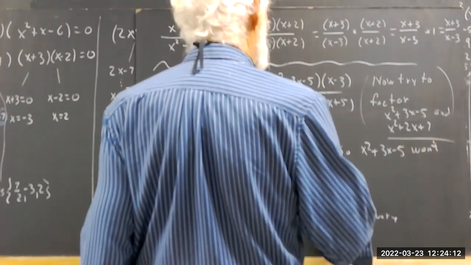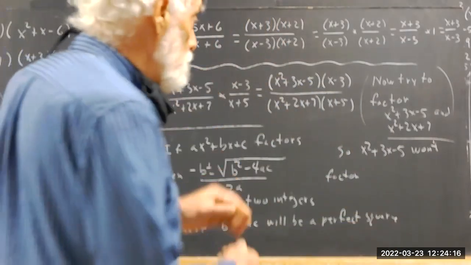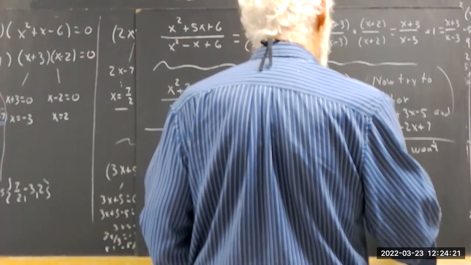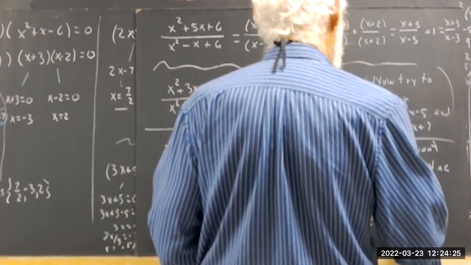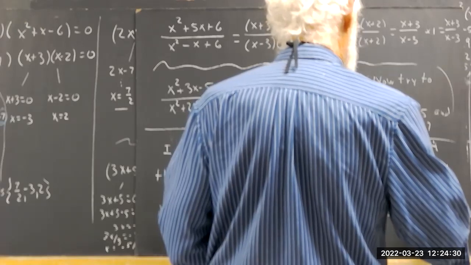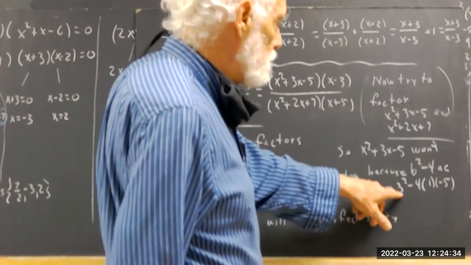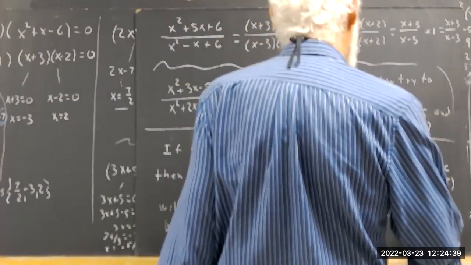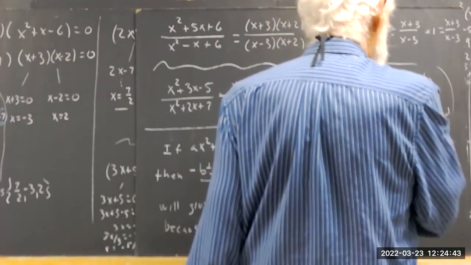Now, this won't factor. I'll continue with this and you can look at the video. But this won't factor because b squared minus 4ac is 3 squared minus 4 times 1 times -5, which just coincidentally equals 29 that we saw in another example.